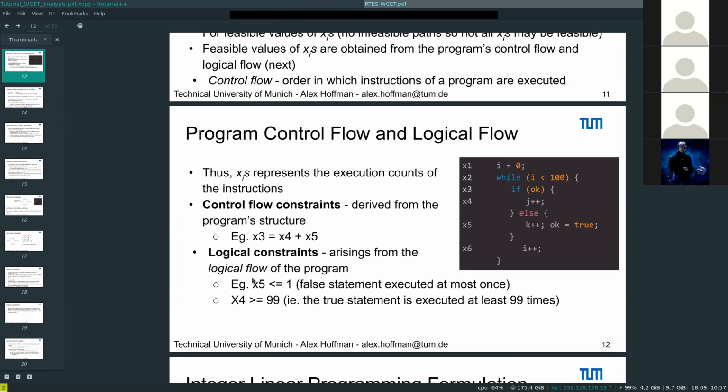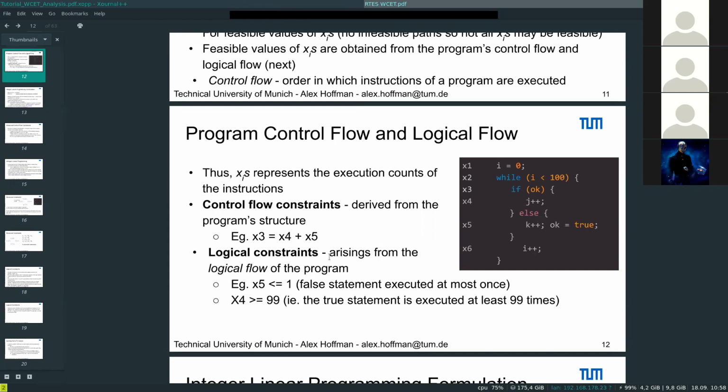And so what that means is that, for instance, if we look at this code snippet, we have i equals 0, and we have a while loop where i has to be less than 100, right? And we can see, for instance, that we have if ok, j++, else k++, ok equals true. So that means at most, because this ok equals true, this else statement could be run once.